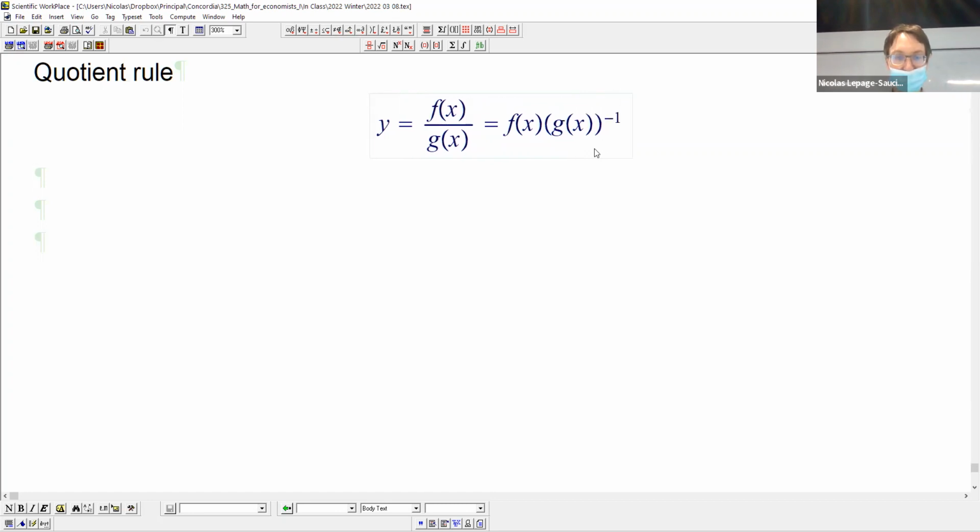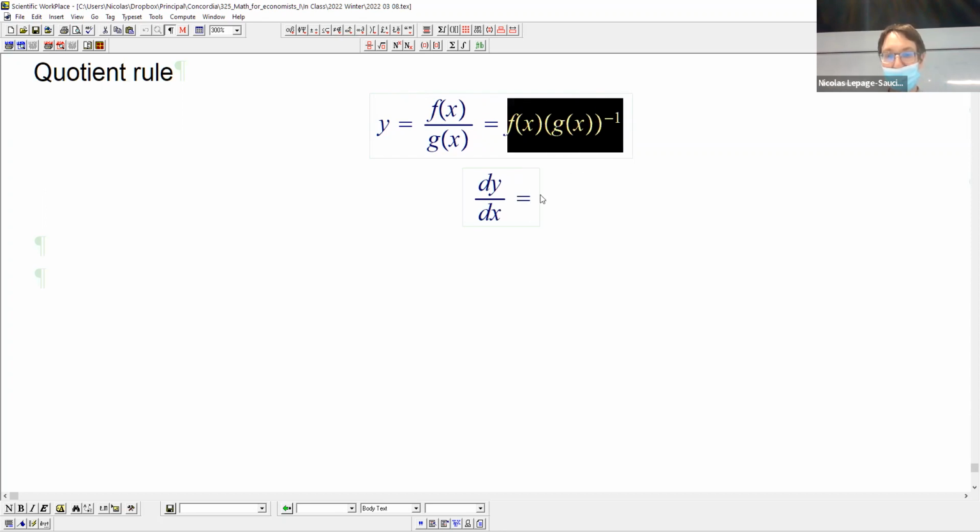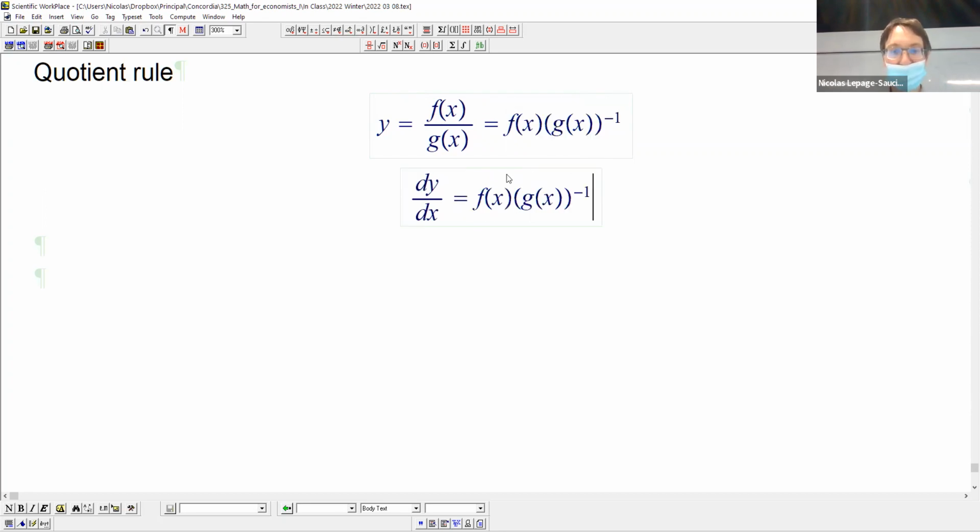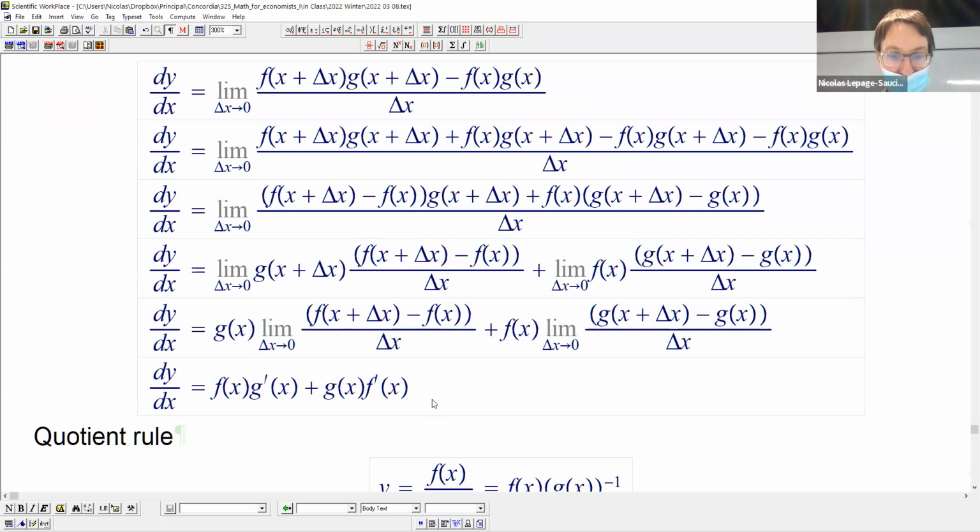So y of x equals to, oh yeah, why did I flip these? No, that's what I wanted here. F prime of x, I wanted this in front. It's just that the order I didn't like.